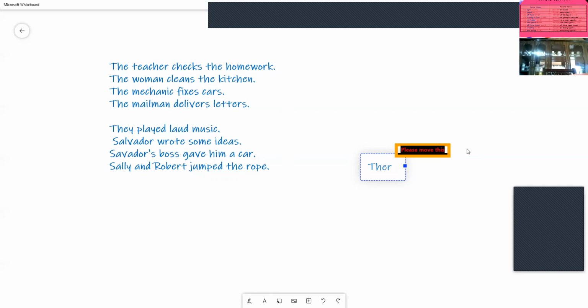Let's change them into passive. No. Identifica cuál es tu objeto. Mi objeto sería. No sé.